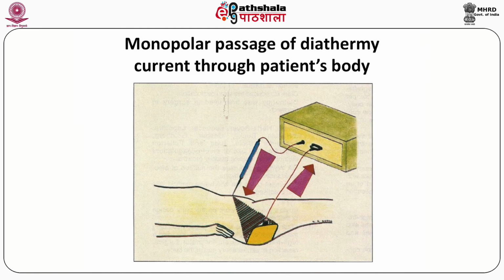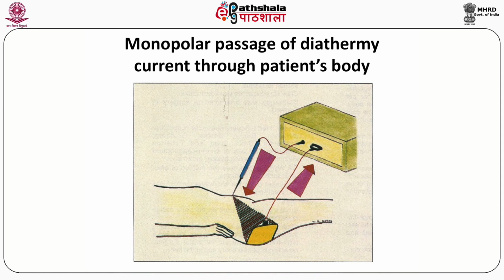Here in this diagram, we can see the monopolar passage of diathermy current through the patient's body. The active electrode or the cautery, which is used for the purpose of diathermy, is held in the surgeon's hand, and the reference or indifferent electrode is placed elsewhere on the body.